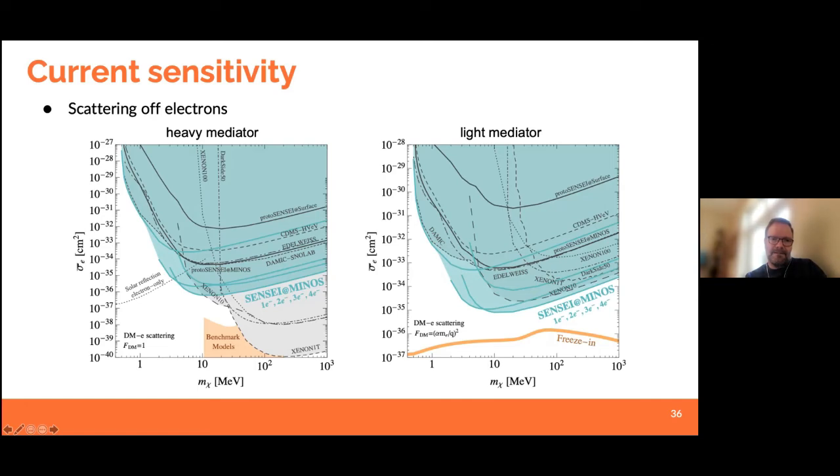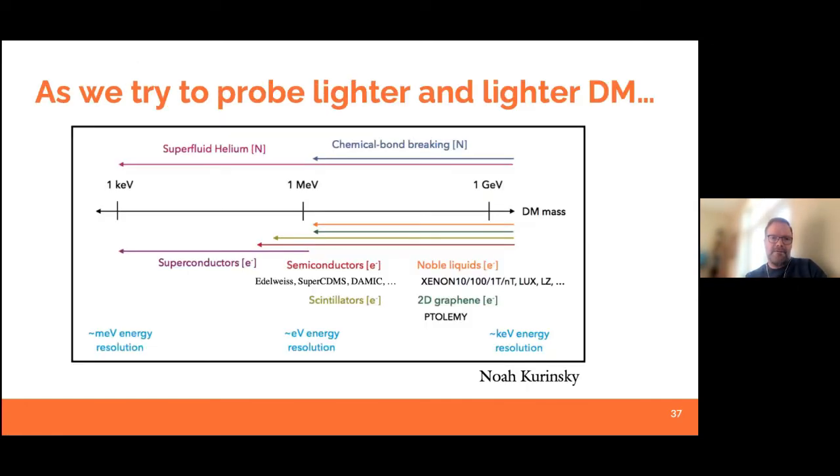But you gain from a much larger target mass. And then as we move on to probe lighter and lighter dark matter, we go to smaller and smaller signals. And so we go from noble liquids to these semiconductors and scintillators to superconductors eventually.